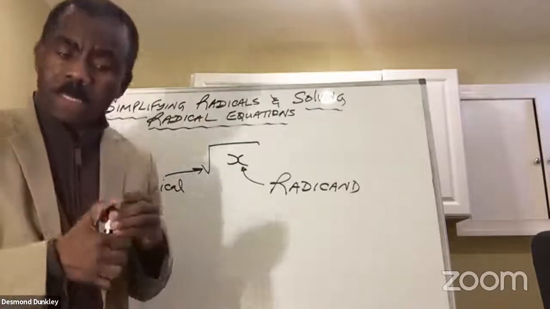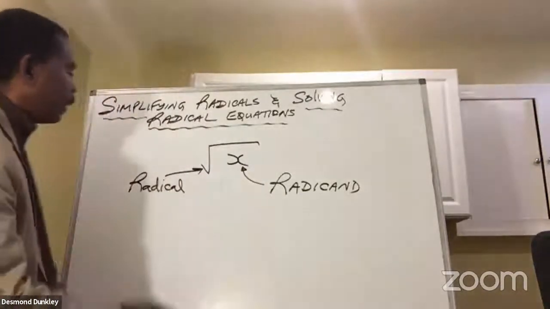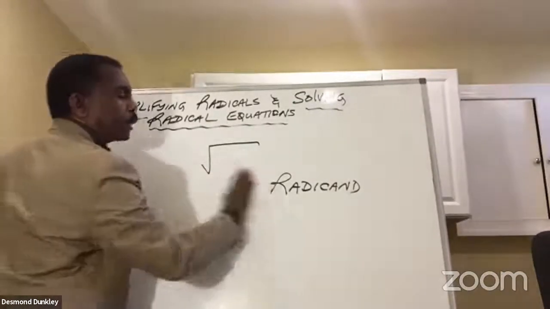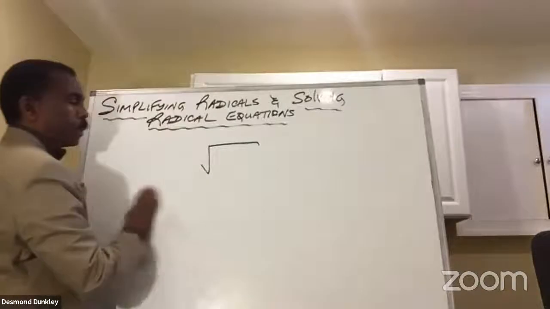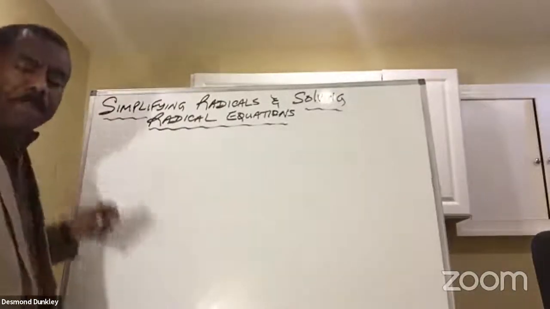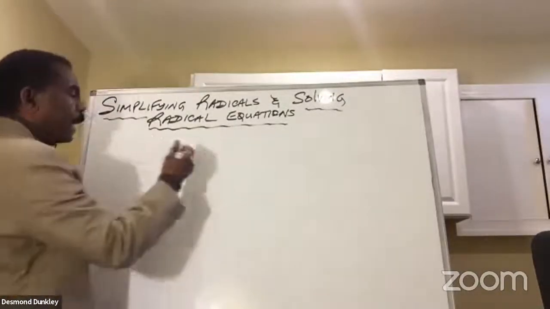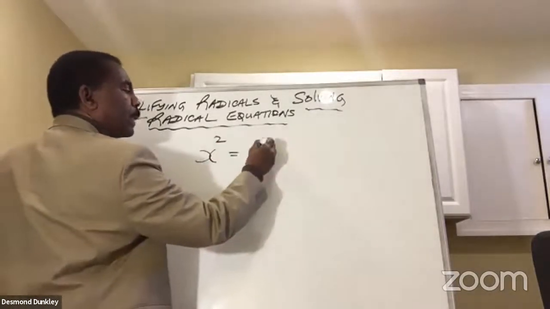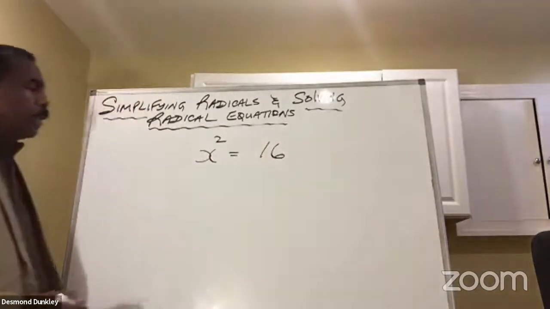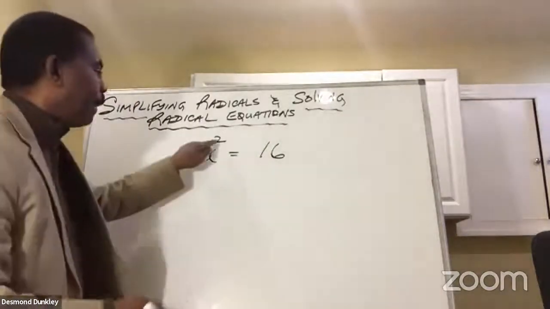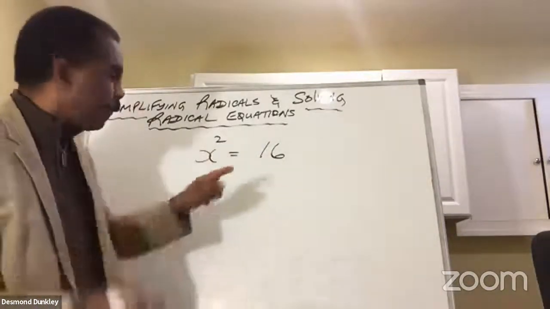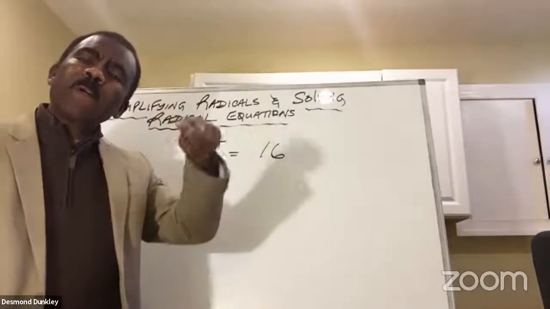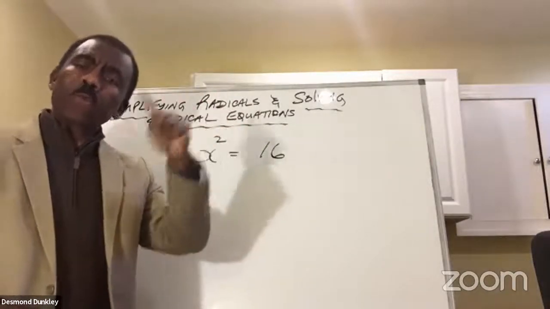Now, it's important to note that the symbol can be used for different roots. For example, if we had x² = 16, we can find x by getting rid of the square symbol, and we use the inverse of square, which is called square root.